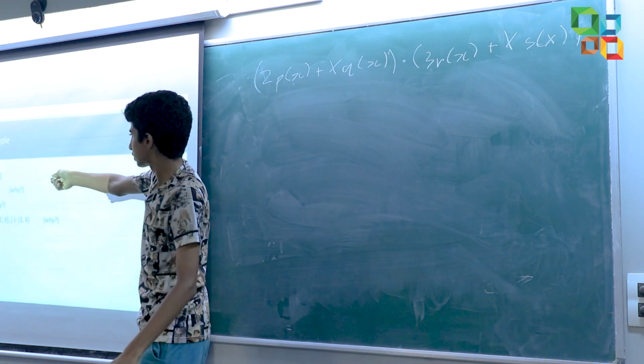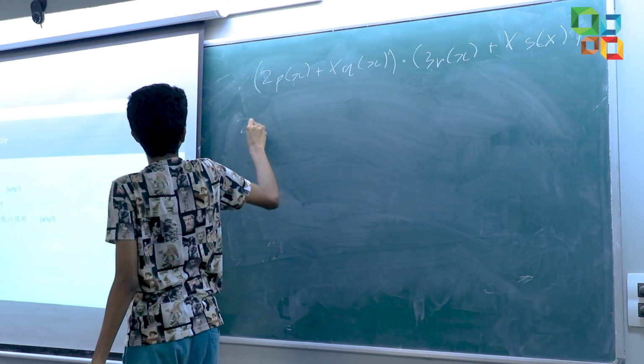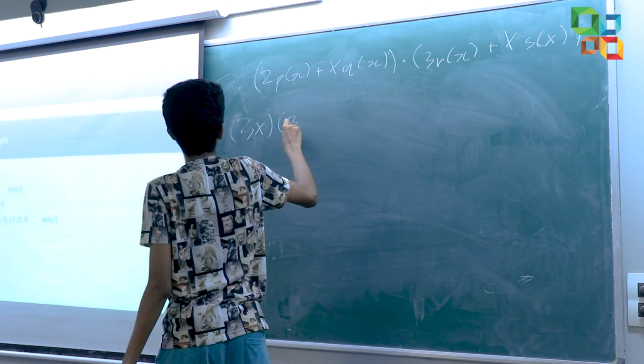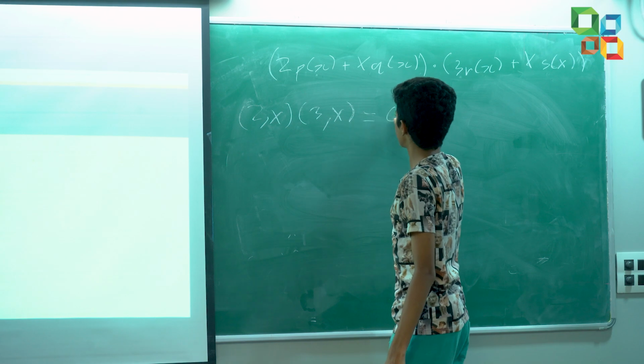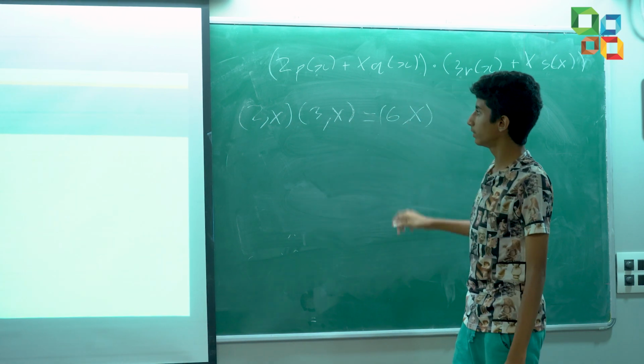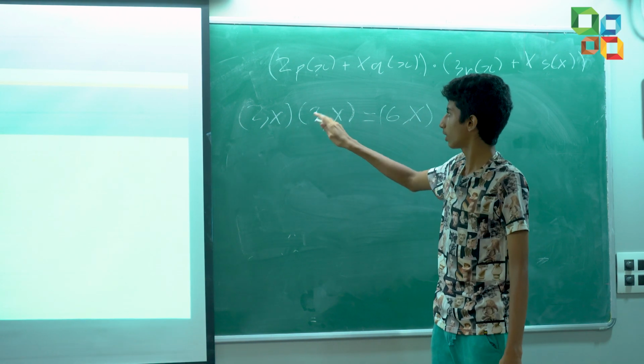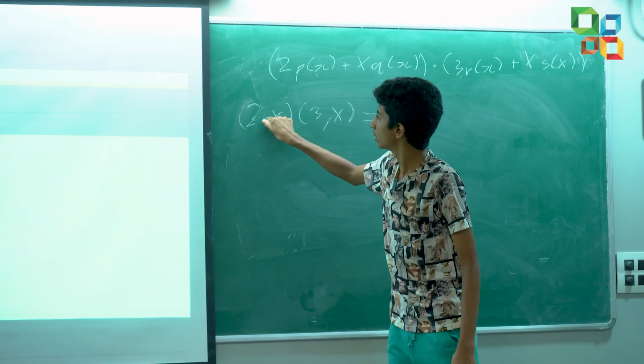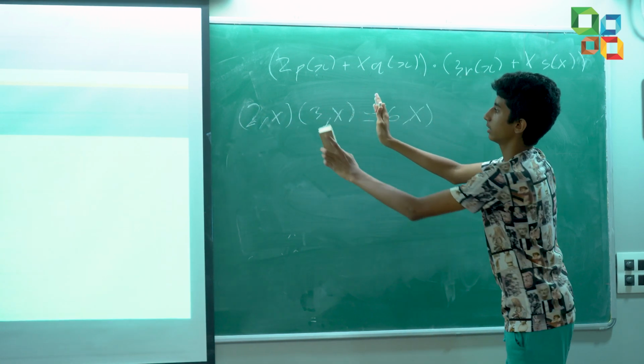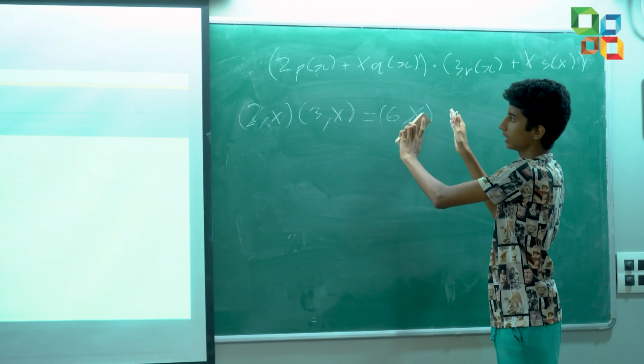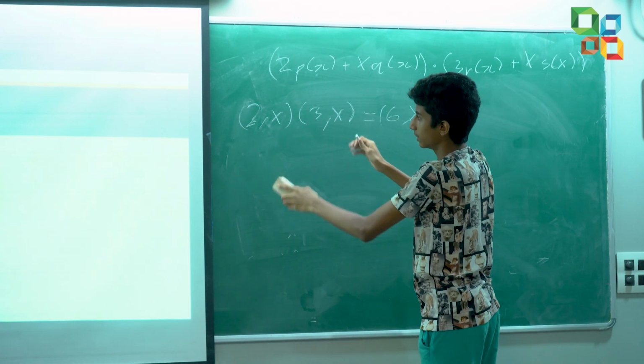Notice (2, x) times (3, x) is equal to (6, x). We'll prove this by first showing that the LHS is a subset of (6, x), and then that (6, x) is a subset of this.